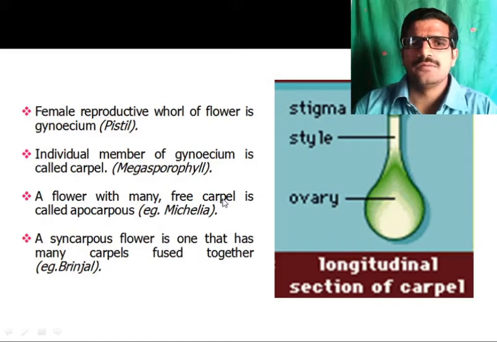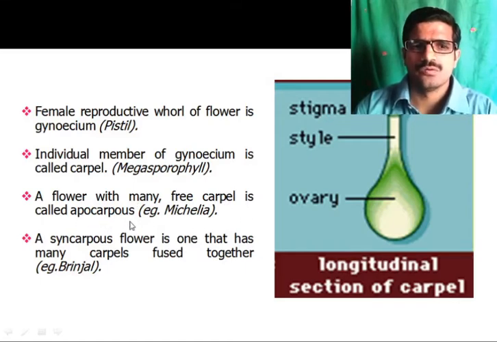A flower with many carpels is called apocarpous. An example is Michelia. When more than one carpel is present in the flower and all these carpels are free, the free carpel condition is called apocarpous.